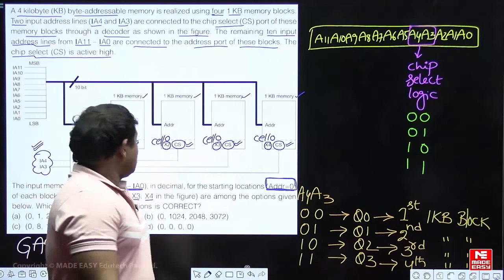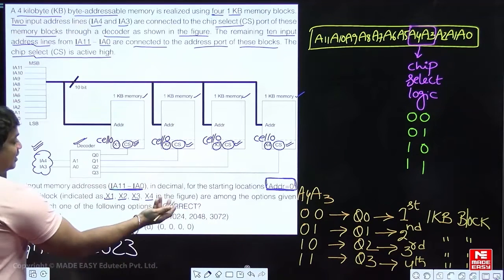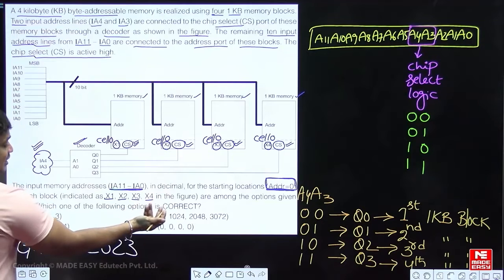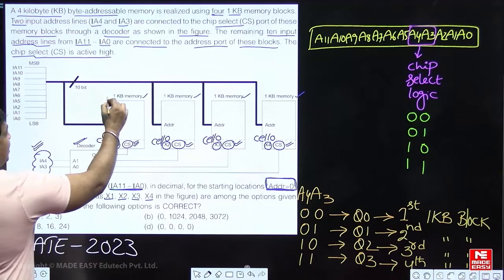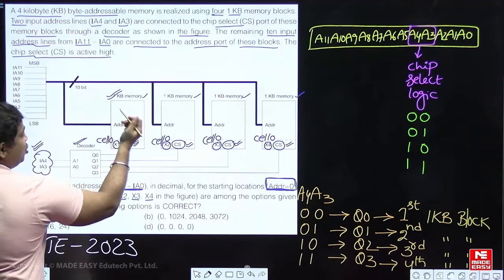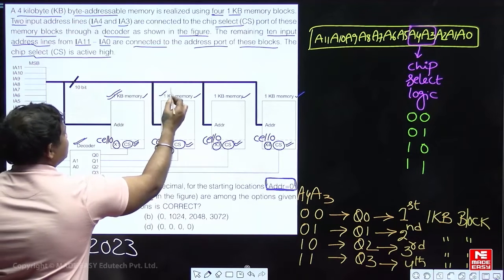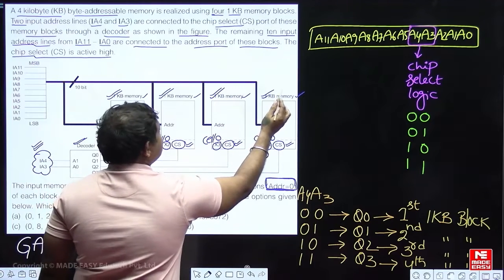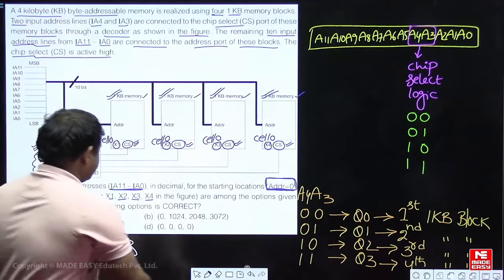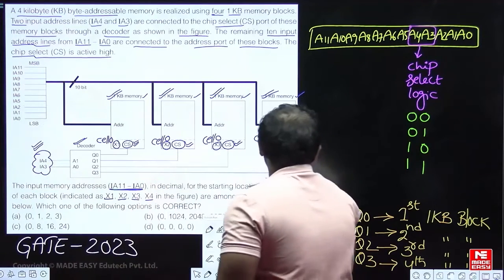Okay. So what are the decimal addresses? They are giving the decimal address sequence. We need to find out the starting address of the first bank or first block, starting address of the second block, starting address of the third block, starting address of the fourth block. Very simple. Starting address is what?